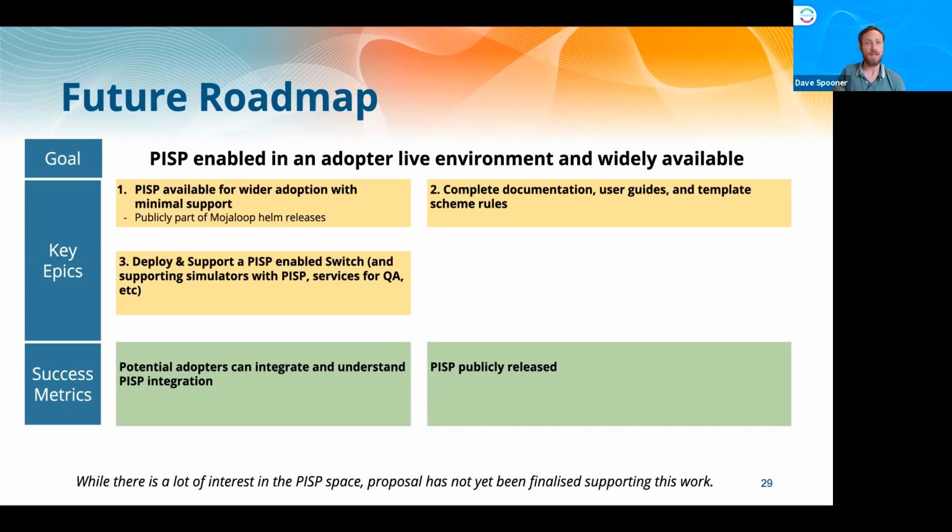And yeah, the third epic being deploying and supporting a PISP enabled switch, including the SIMs, services for testing, and everything else around that. And again, our key metrics for that would be PISP publicly released, incorporated into the core Mojaloop Helm releases. And obviously potential adopters being able to integrate and understand a PISP integration with minimal input from the community.